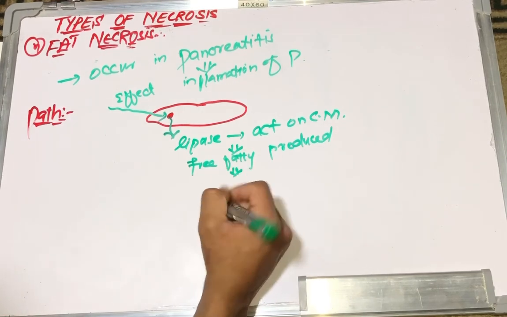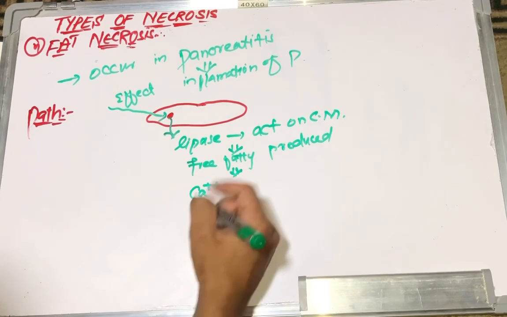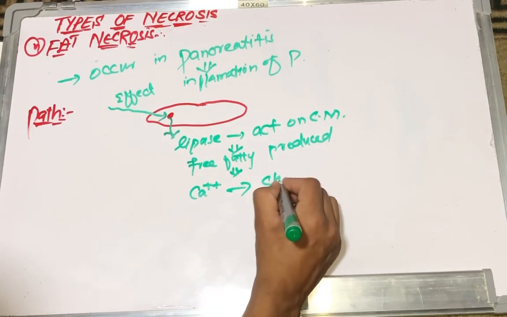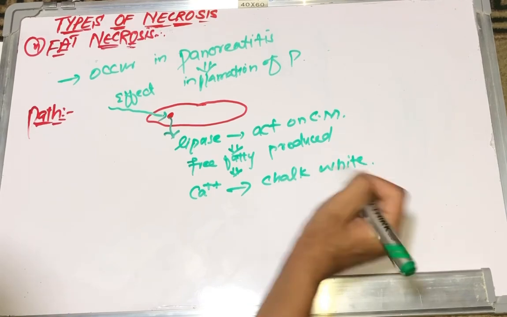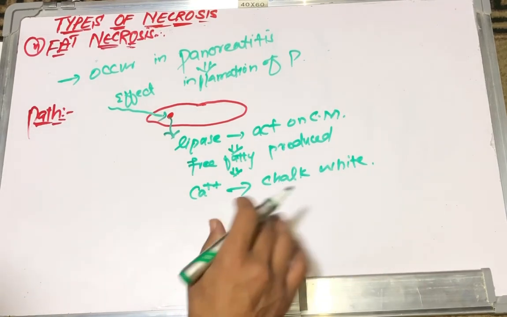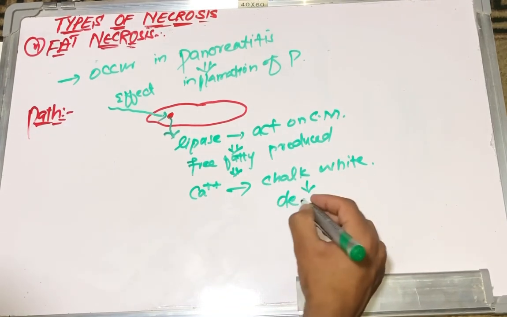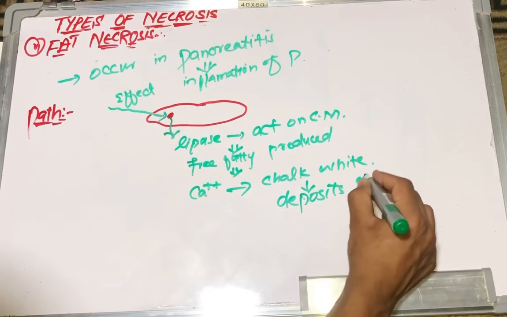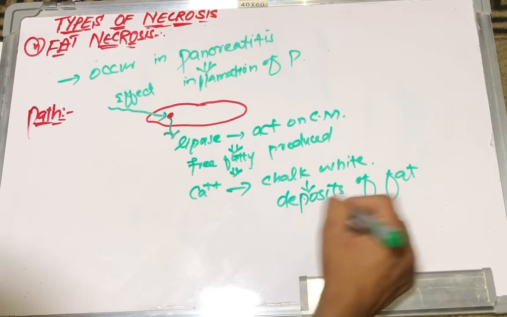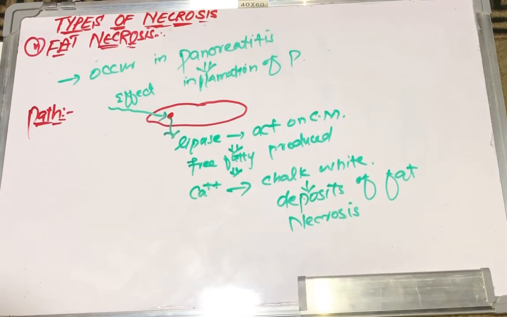These free fatty acids will combine with calcium and produce a chalky white material. This chalky white material is the deposits of fat necrosis.